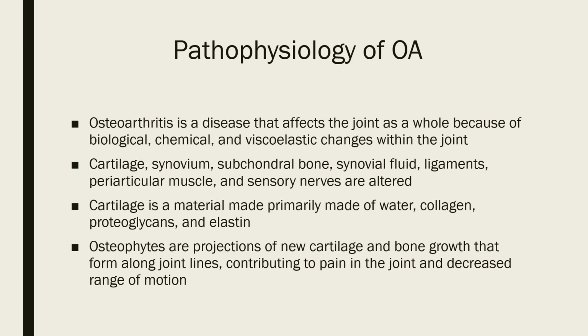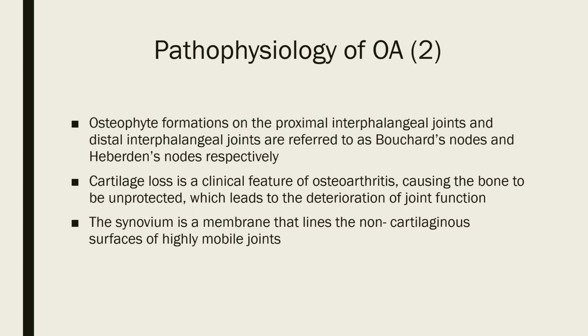Osteophytes are projections of new cartilage and bone growth that will form along joint lines, contributing to pain in the joint and then decreased range of motion. Osteophyte formations on the proximal interphalangeal joints and distal interphalangeal joints are referred to as Bouchard's nodes and Heberden's nodes, respectively.